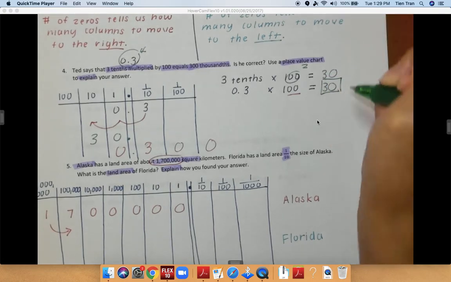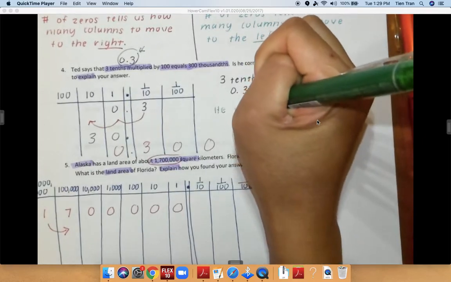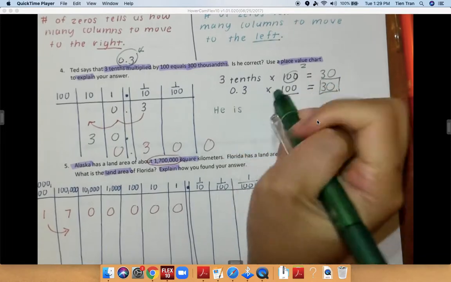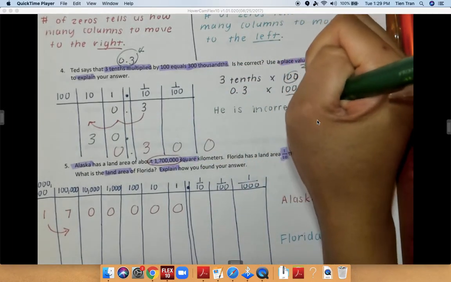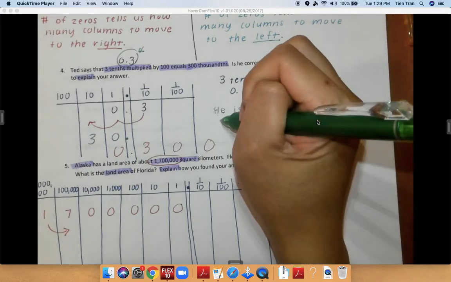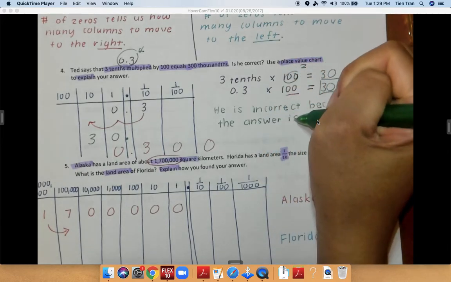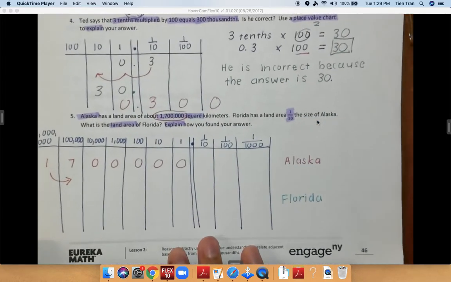We figured that out, that it is equal to 30. So we are going to say he is not correct, or incorrect, actually. He is incorrect because the answer is 30.